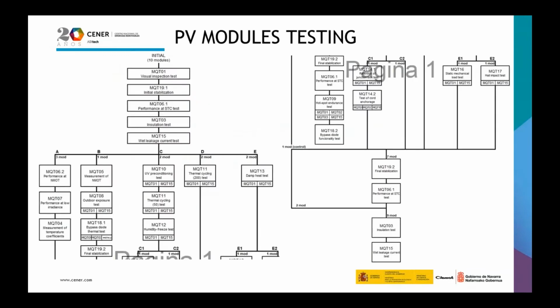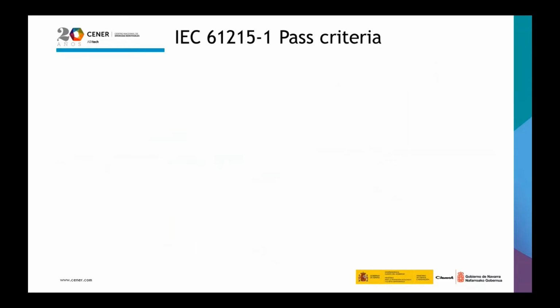Here we can see again the test sequences, but with the diagnostic tests included in every degradation test and also at the end of the sequence. The pass criteria of these standards comprehend different parts.